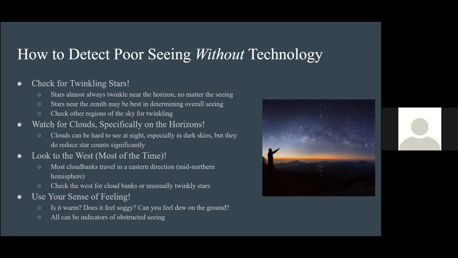And also use your sense of feeling. Is it warm, or does it feel soggy? Can you feel dew on the ground? This can also determine whether your lens will fog up or not. This is a big problem with DSLRs because with telescopes you can have dew shields and dew heaters, but with smaller setups it's less practical because you can't really access it.